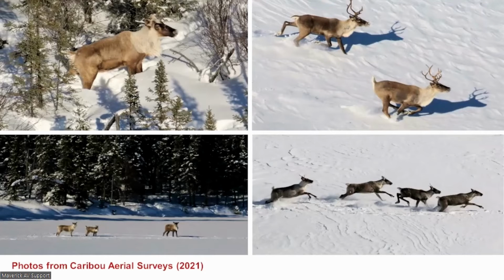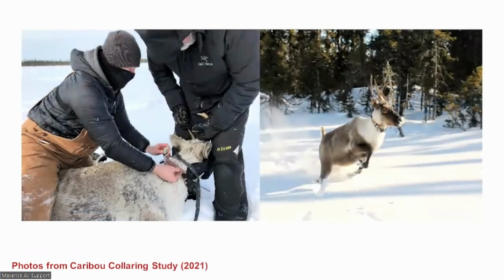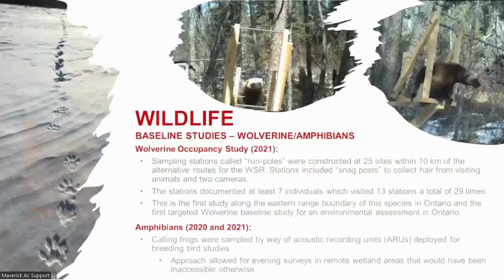Next are a few pictures from some of our caribou aerial surveys. And then the slide after that shows photos from our collaring study as well. So let's talk a little bit next about baseline studies for wolverine and amphibians. We conducted, starting in 2021, a wolverine occupancy study.